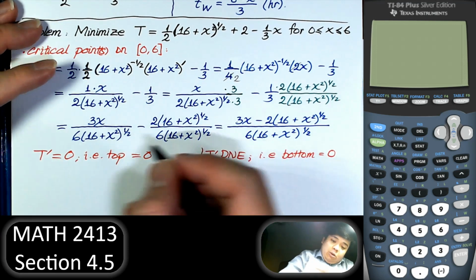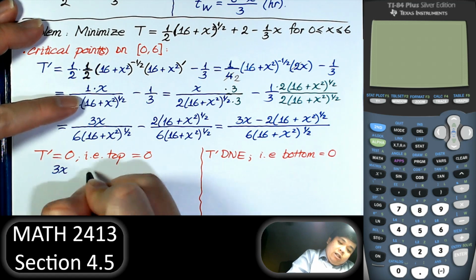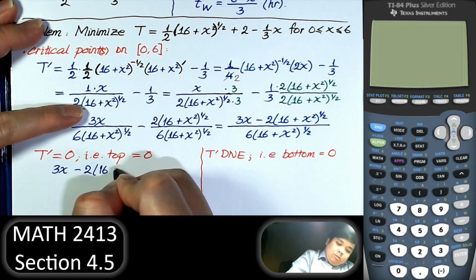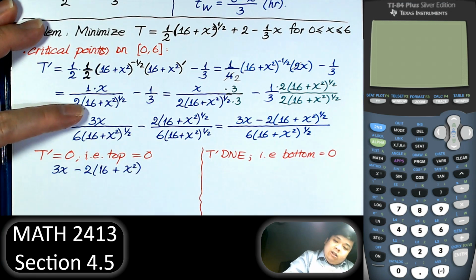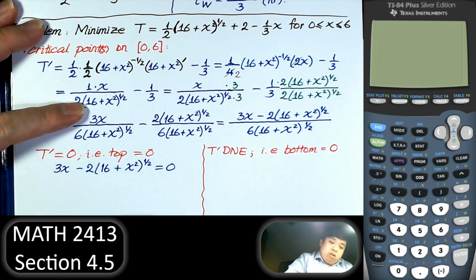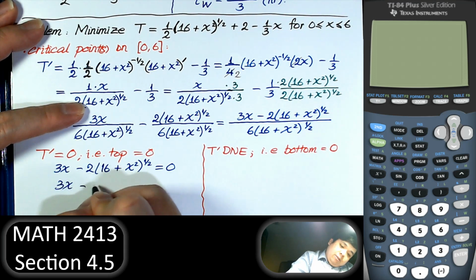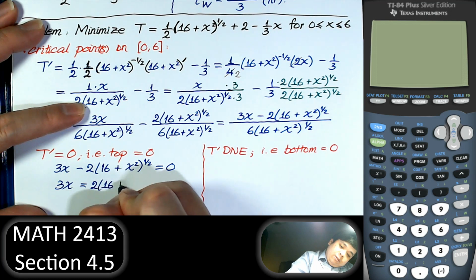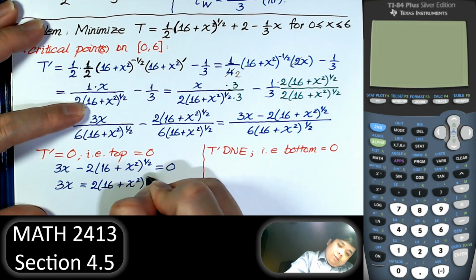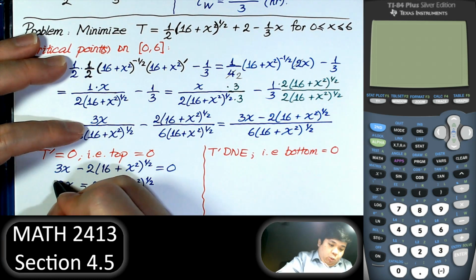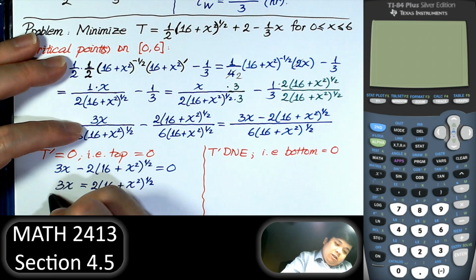So top equal to 0, 3x equal to 2 times the square root of 16 plus x squared. I move this to the other side. Now we can square both sides.